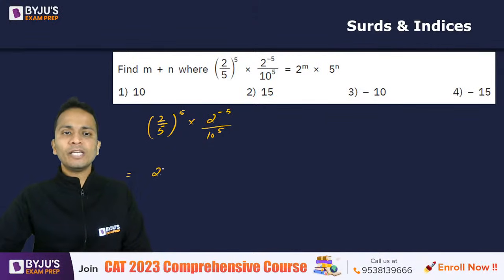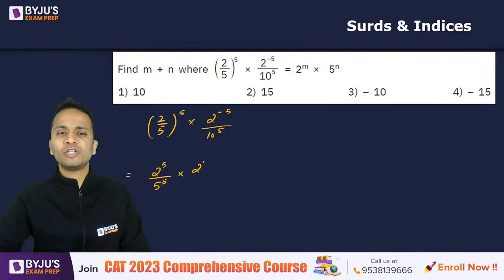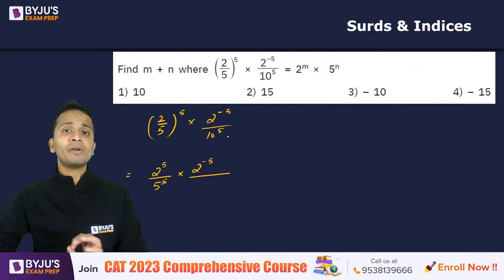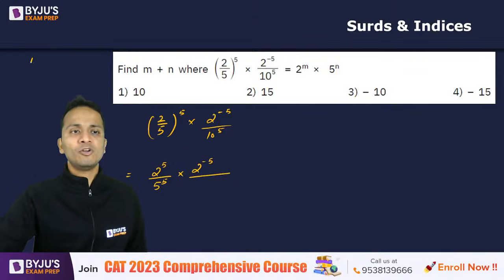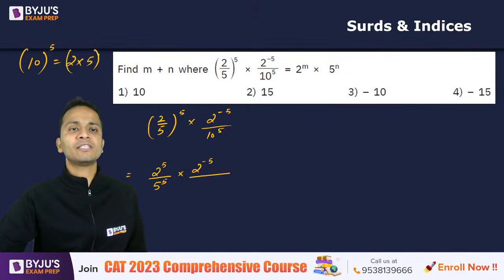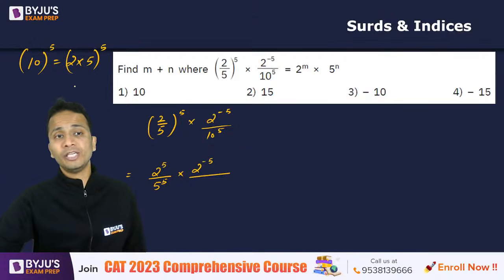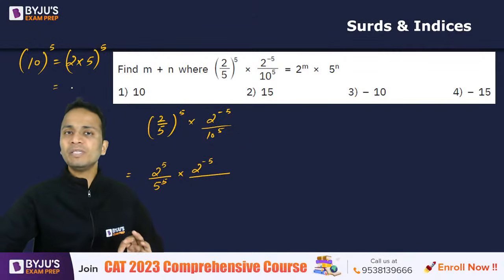So 2 raised to the power 5 divided by 5 raised to the power 5 multiplied by 2 raised to the power minus 5 divided by, now 10 raised to the power 5. 10, look at the left hand side of your screen. 10 can be written as 2 multiply 5. So 10 raised to the power 5 will be written as 2 multiplied by 5 whole raised to the power 5. Now powers will be separated.